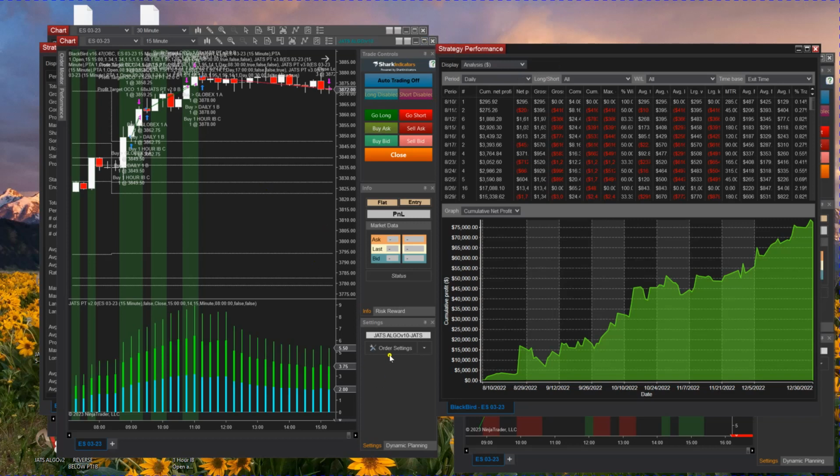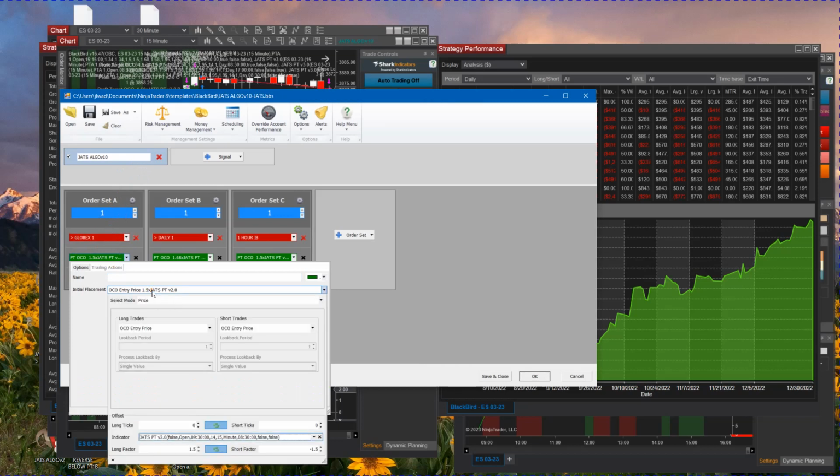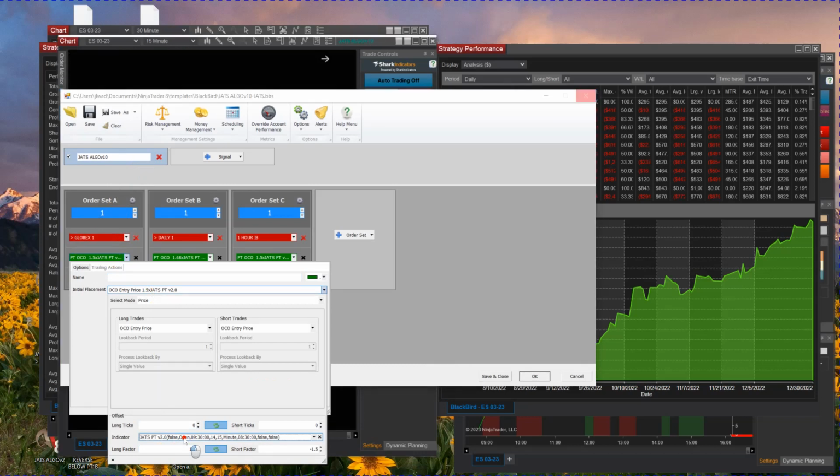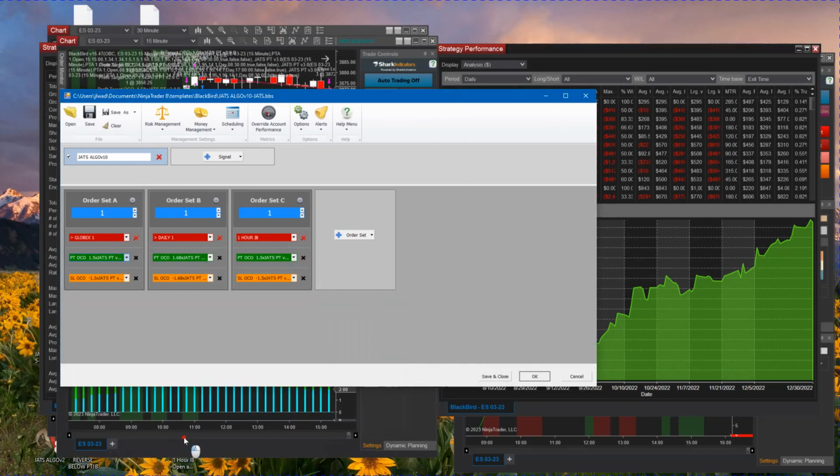But I ran the same strategy except using the Jats PT indicator. Same exact strategy, same exact conditions, but flipped out the ATR for the Jats PT2 and just left it with the standard default settings. You don't have to make any changes.